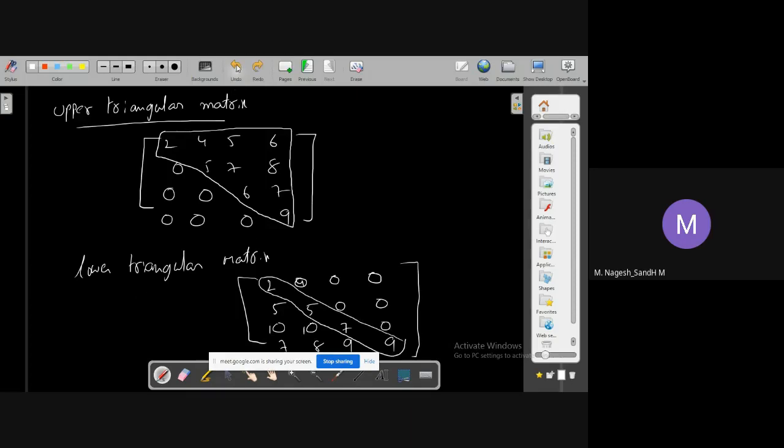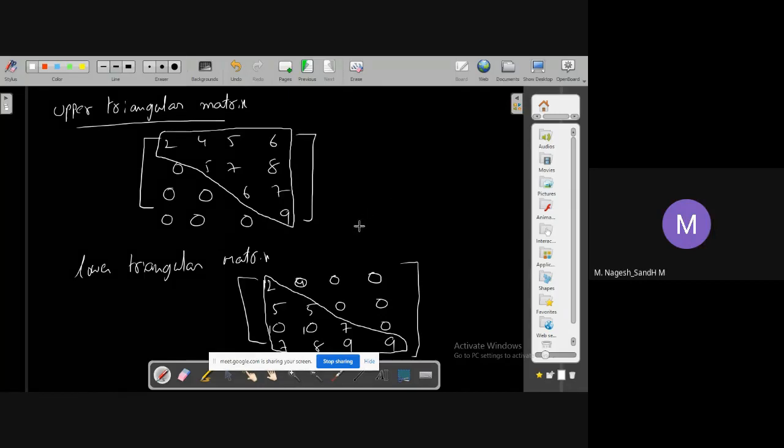Simply in other words, as I said already, only lower elements will be present. It is called a lower triangular matrix. Is there any doubt in the upper triangular and lower triangular? No. Okay.